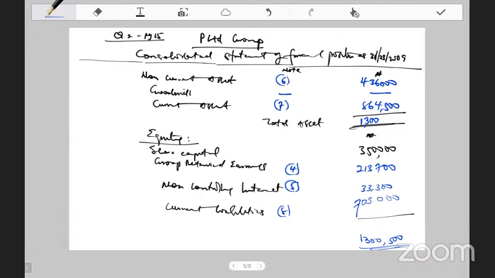What is the total asset? 1,300,500. So that is that. Question 2 done. And this is how we have solved question 2. So we'll go to question 3.